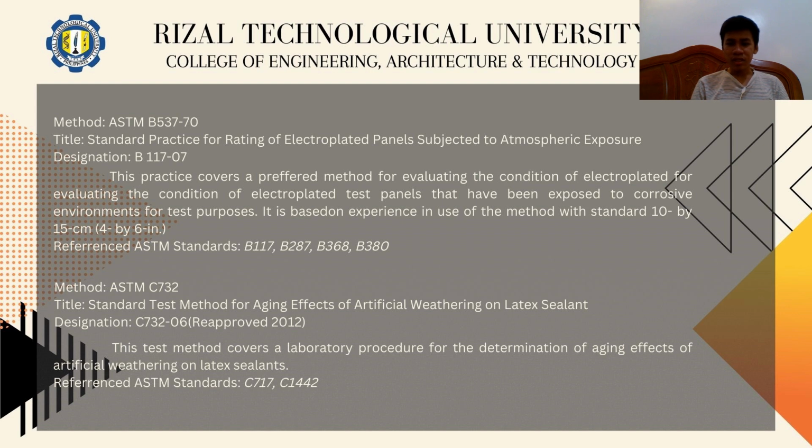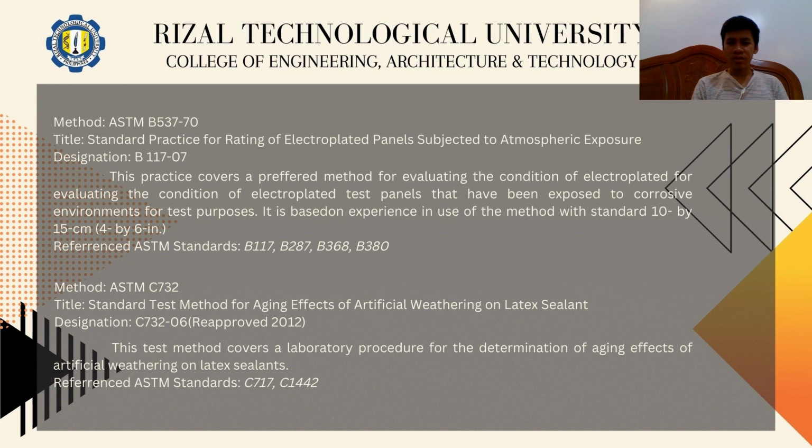This practice refers only to decorative protective coatings that are cathodic to the substrate, such as nickel, chromium, or copper, nickel, chromium on steel or zinc die castings, and is not intended for use with anodic sacrificial coatings such as zinc and cadmium on steel.